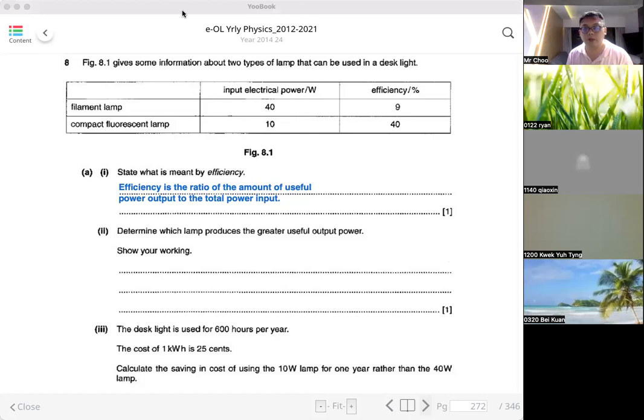Oscar, your part 1 is correct. Bei Kuan, your part 1 is correct. Okay, all of you do part 2 and 3 quickly.